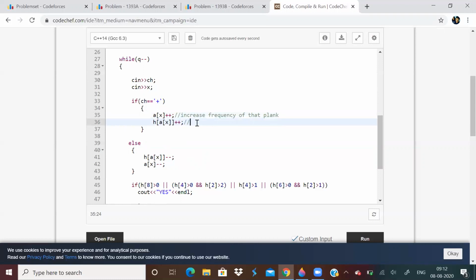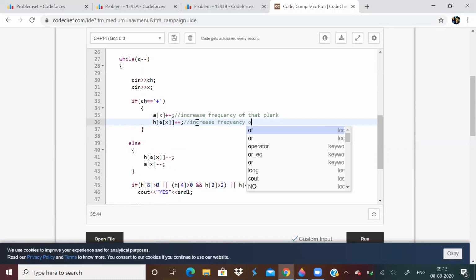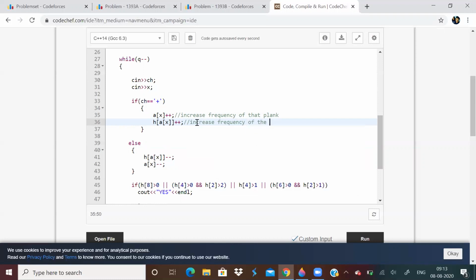So this is to increase the frequency of the frequencies. I hope you're understanding. This array H is to increase the frequency of the frequencies of the Plancks.